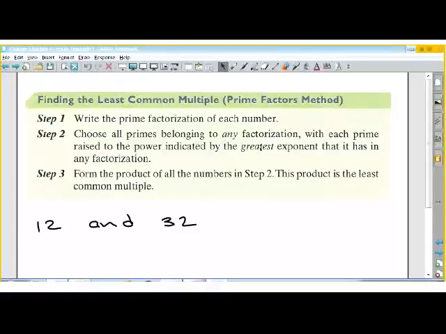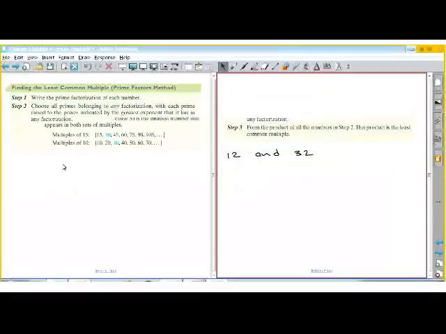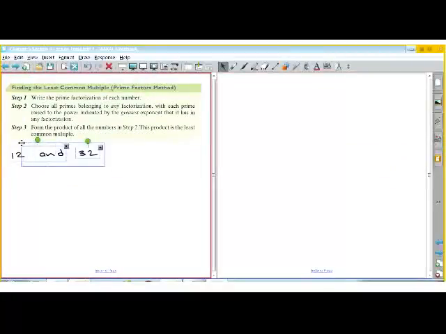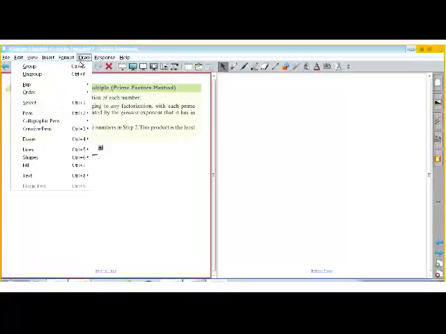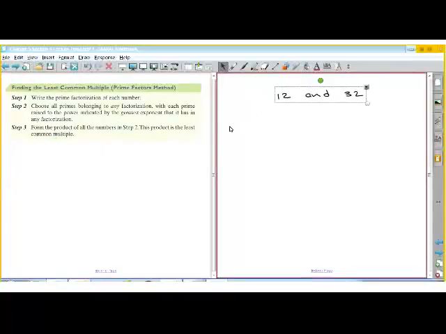And you choose the greatest exponent instead of the least exponent. So it's kind of exactly opposite. And then you multiply the numbers together and you get the least common multiple. So we'll use these rules to find the least common multiple of these two numbers.